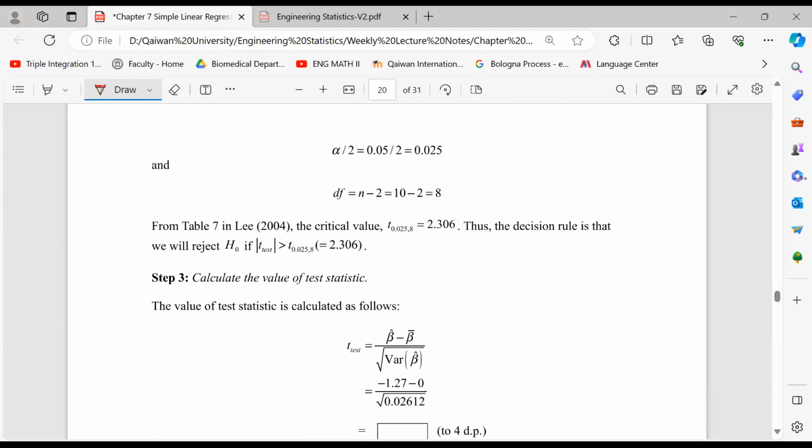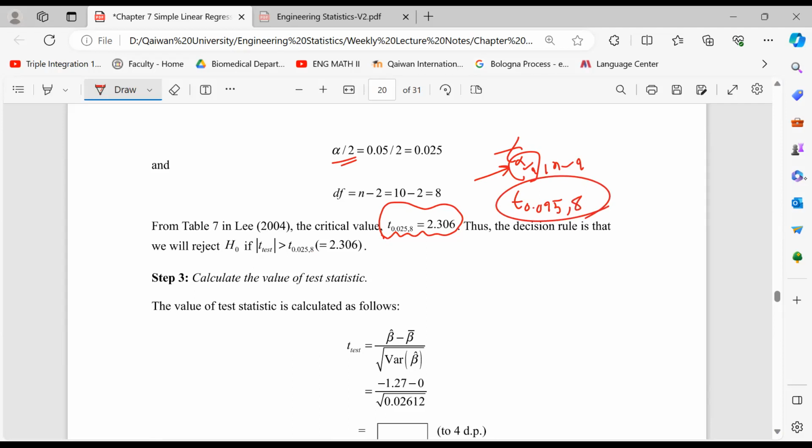We need to find the alpha also. So t value is this one. As it's two-sided, we say t of alpha over 2 and n minus 2. Alpha is 0.05. Dividing by 2, it's t of 0.025 and n minus 2. N is 10, minus 2 is 8. Find this one from the table.